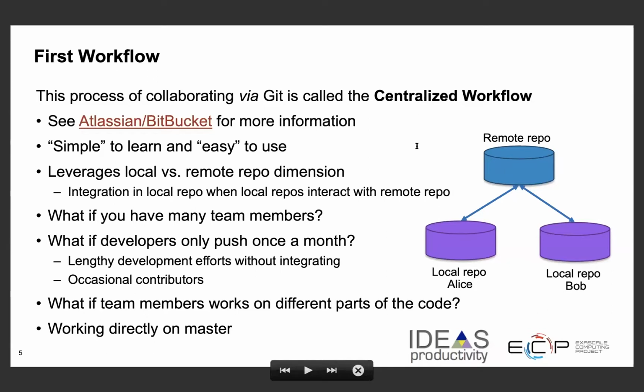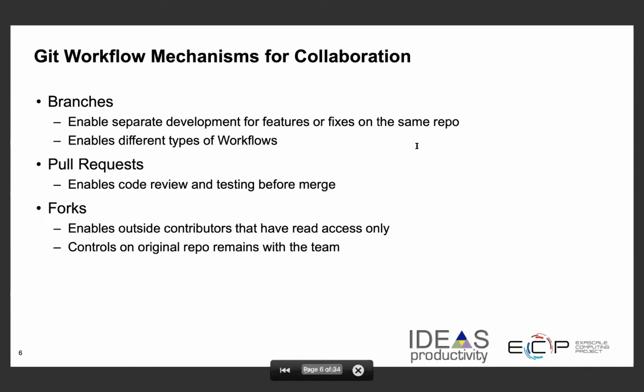That's where you start using Git in a more decentralized way, and the concepts of branches, pull requests and forks all play a role in helping us formulate a Git workflow and make our development process better.